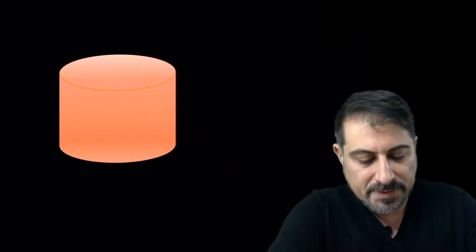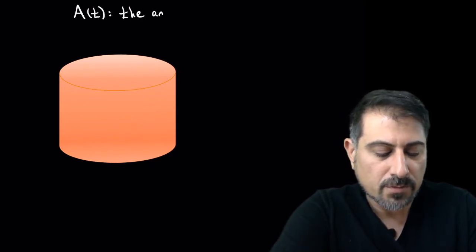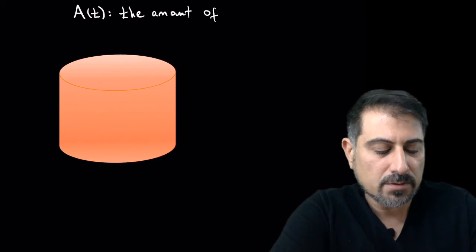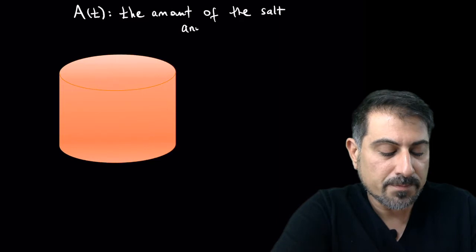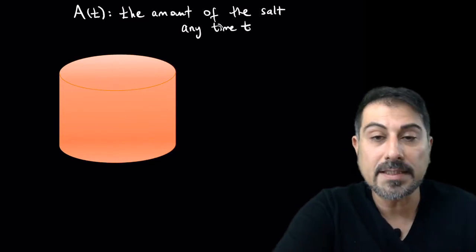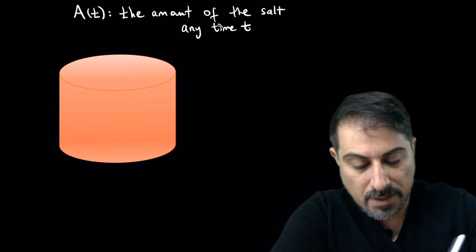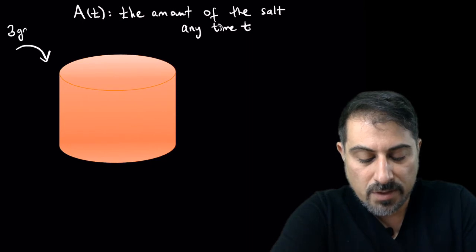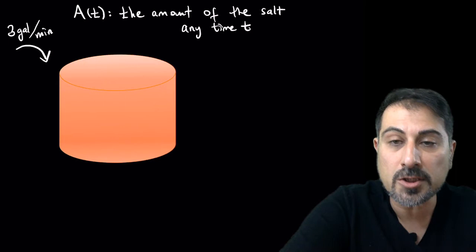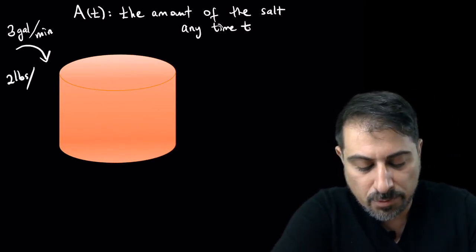All right, let's represent A(t) as the amount of salt in the tank at any time t. So we have the brine coming into the tank at the rate of 3 gallons per minute, and the salt concentration in the inflow is 2 pounds per gallon.